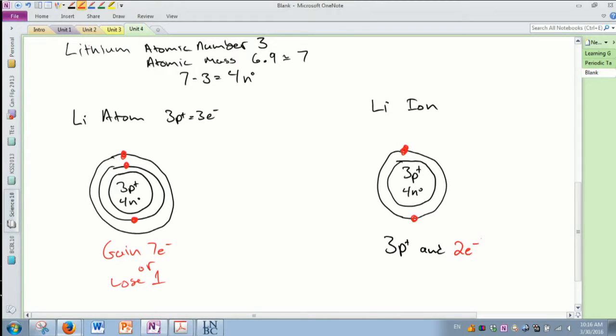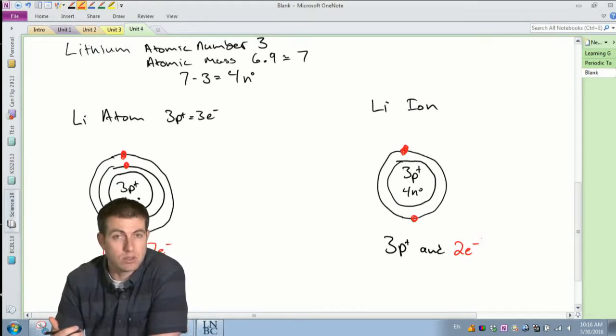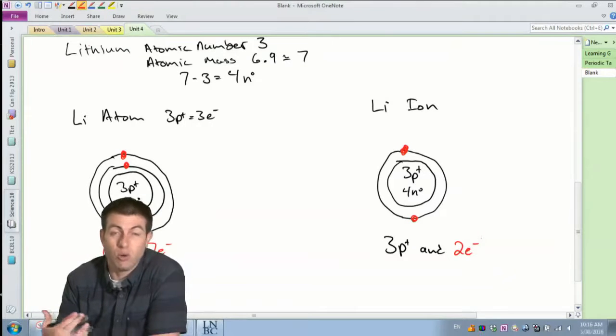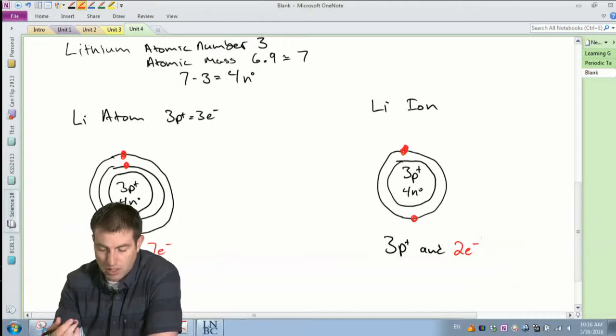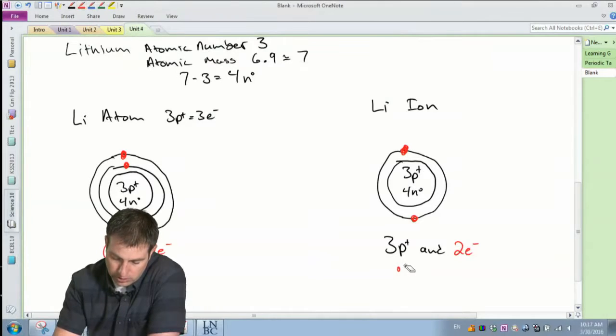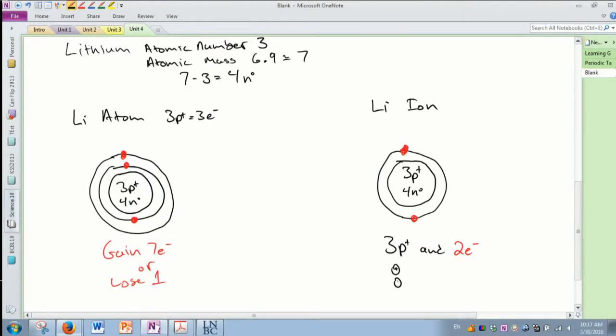So is the charge unbalanced? Yes, that's why we call it an ion. What is the unbalanced charge? What do I have extra of? Do I have extra protons or do I have extra electrons? Is this thing going to have an overall charge of positive, or negative? Well, if I have 3 protons, that's 3 positive charges. 1, 2, 3.